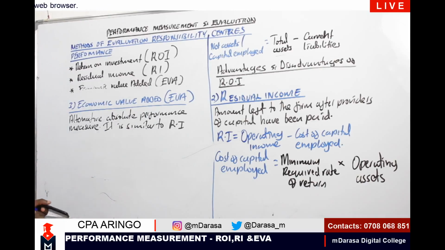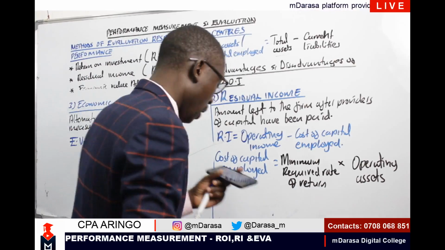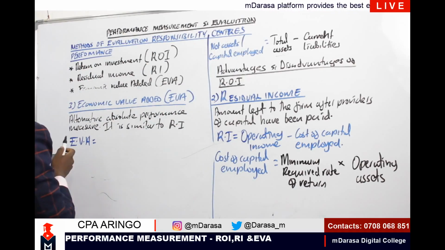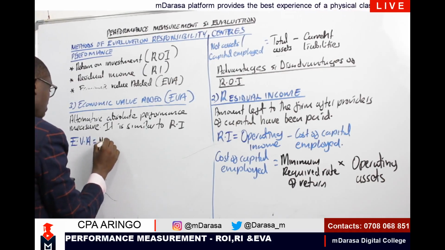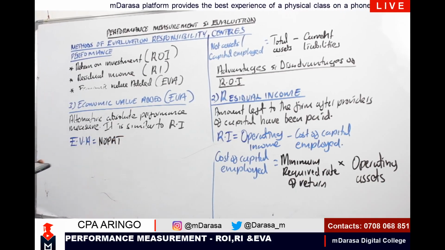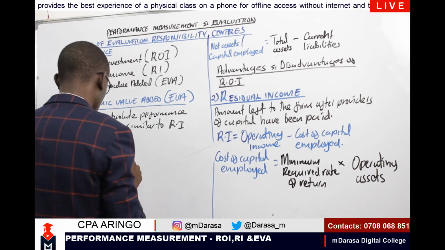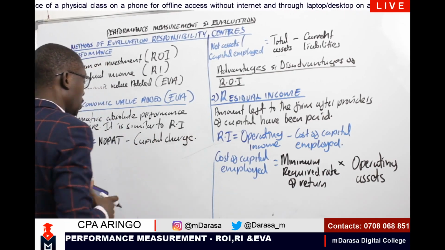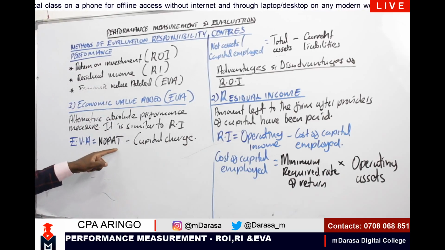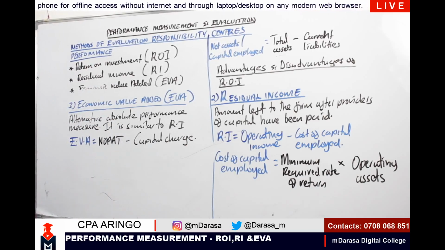And EVA is usually computed as follows. We take our net operating profit after tax, that is NOPAT, less the capital charge.